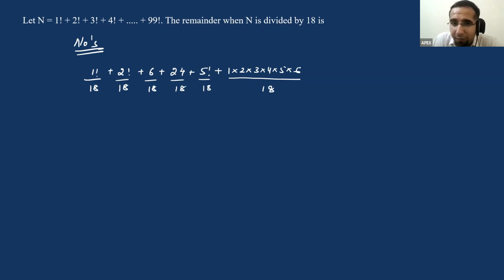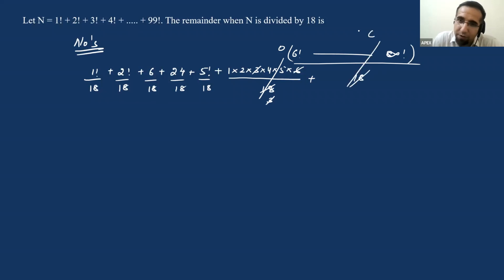So 6 factorial divides 18 exactly, which means the remainder is 0. So from 6 factorial till infinity factorial, they will always divide 18 exactly, and the remainder is always going to be 0. Clear? So our final remainder is the remainder when 1 factorial plus 2 factorial plus 3 factorial plus 4 factorial plus 5 factorial is divided by 18.